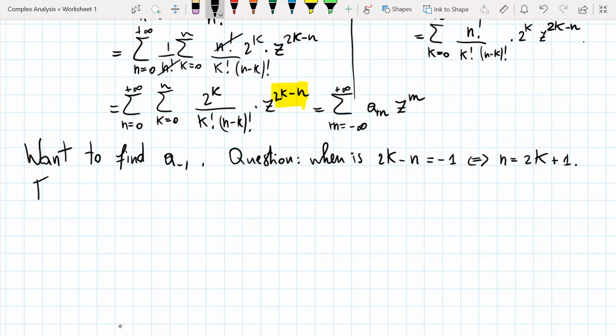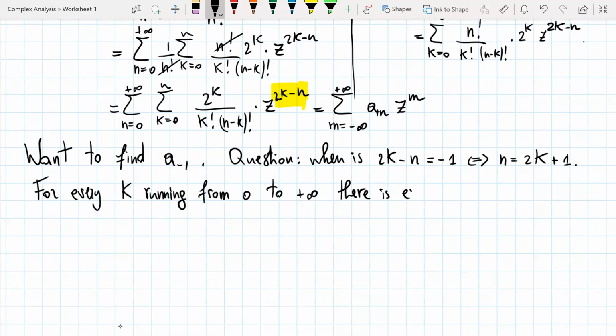So for every k running from 0 to plus infinity, there is exactly one n satisfying this relation over there. Let's call it star.